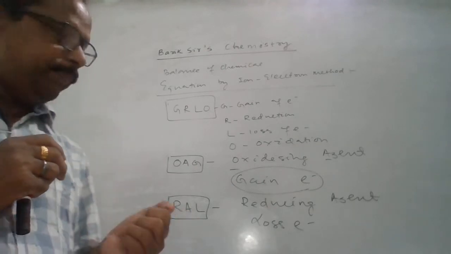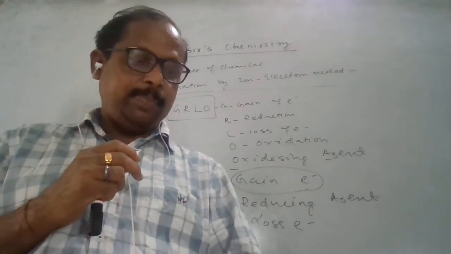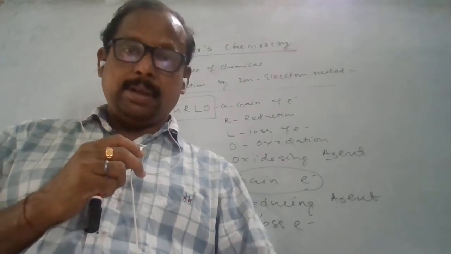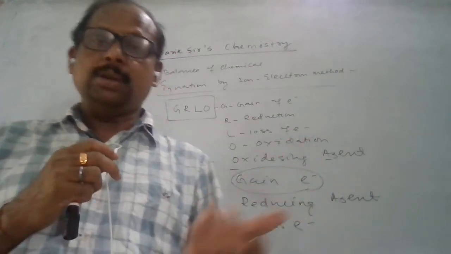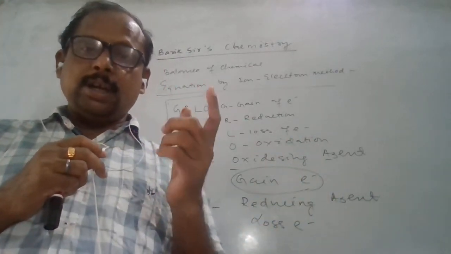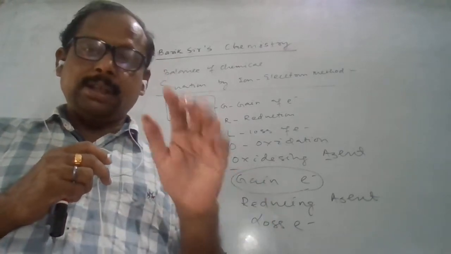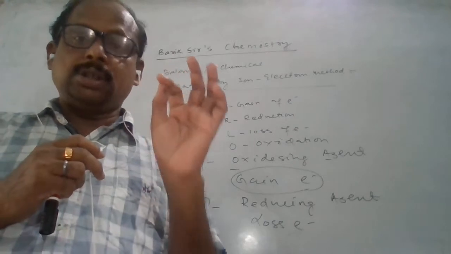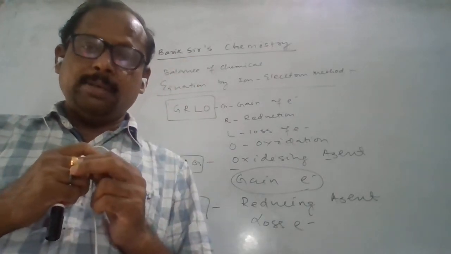That is the redox reaction. But oxidation and reduction never take place independently. They take place simultaneously. That's why it is called the redox reaction. Two types of redox reactions are there.